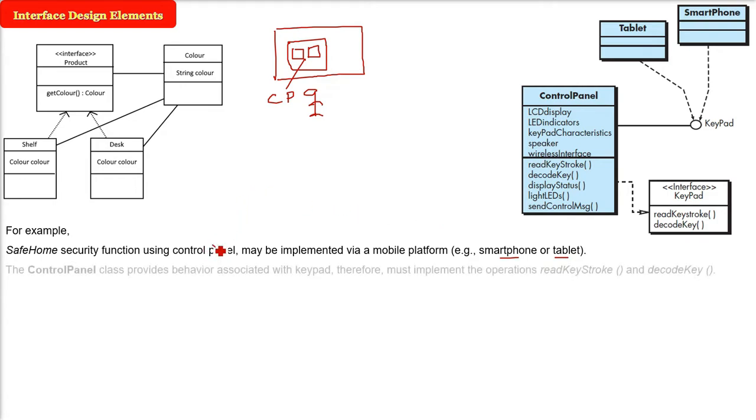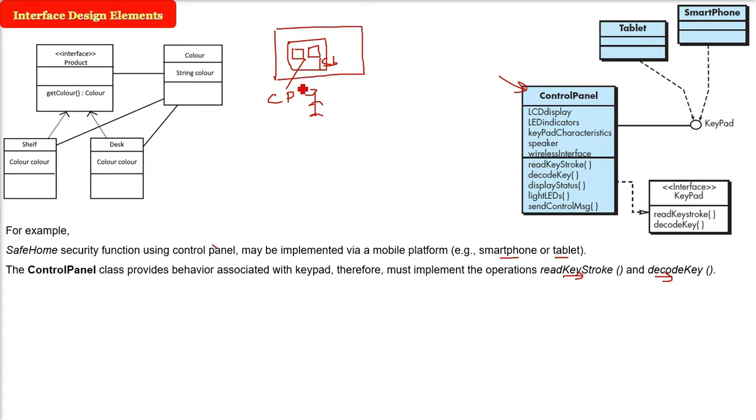Now, how to extend or use the interface for smartphone and tablet? Because the control panel is a class, it provides behavior associated with the keypad. Therefore, it must implement the operations read keystroke and decode key. What I am trying to say is that if the user is using the keypad, we need to have read keystroke and decode key, because it is all about keys.